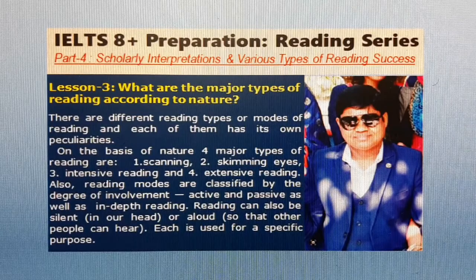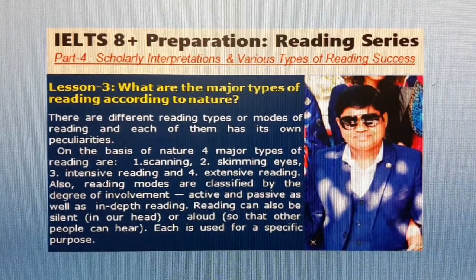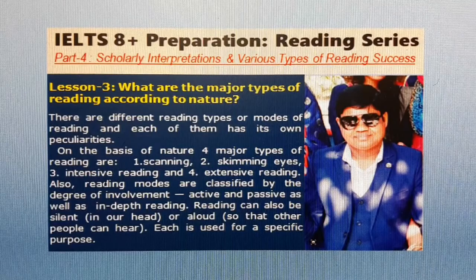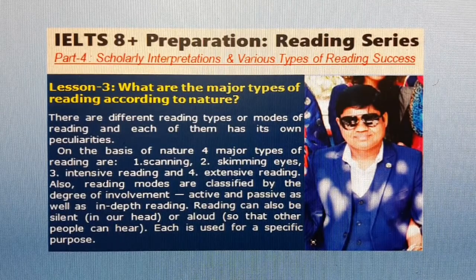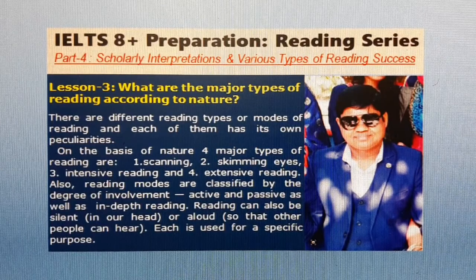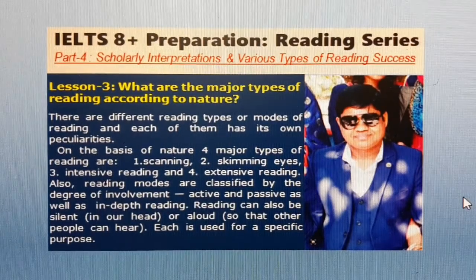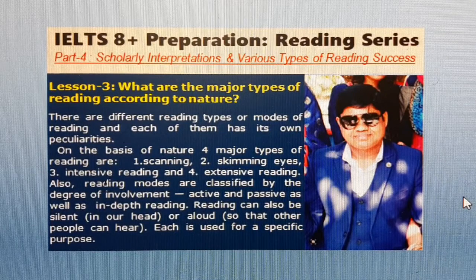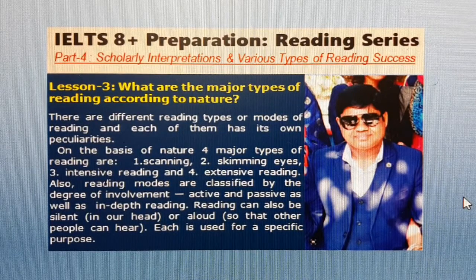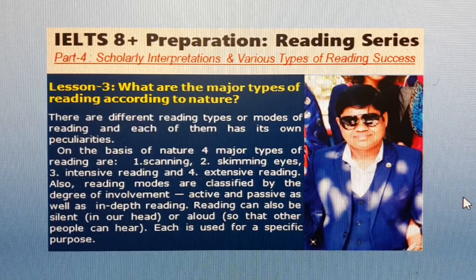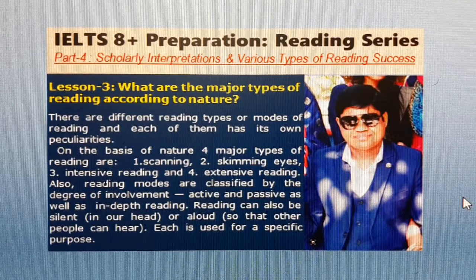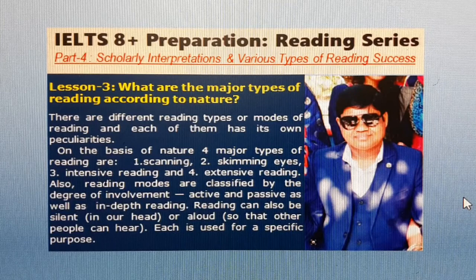Reading can also be silent in our head or loud so that other people can hear. It is used for a specific purpose. On the basis of nature of reading, four major types of reading are: number 1, scanning; number 2, skimming; number 3, intensive reading; and number 4, extensive reading.